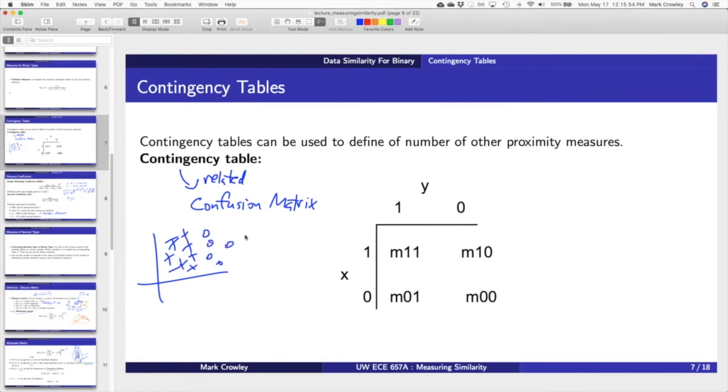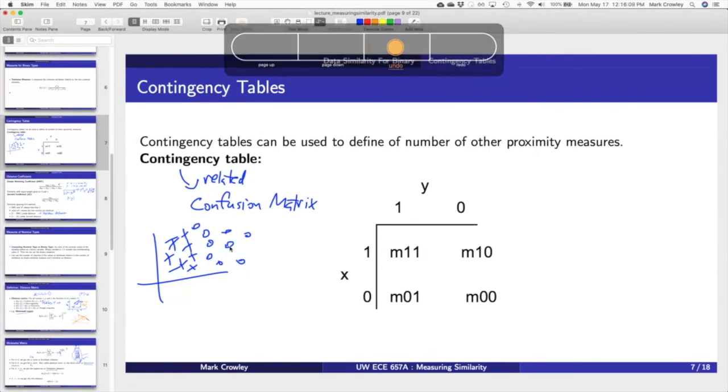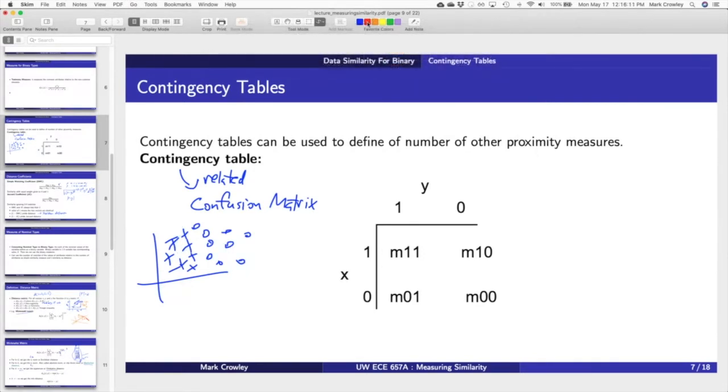And your function is something that puts all of these in the O category and all of these in the X category. You can come up with an accuracy, right?